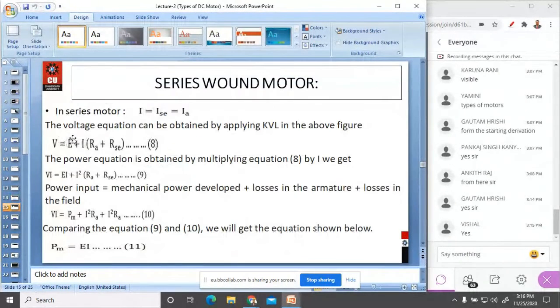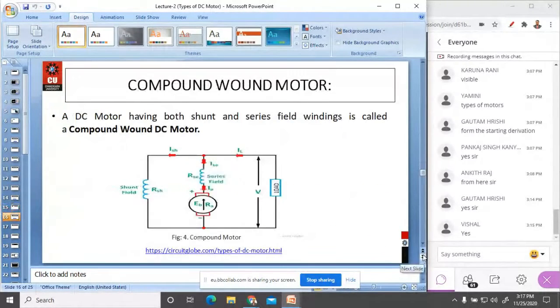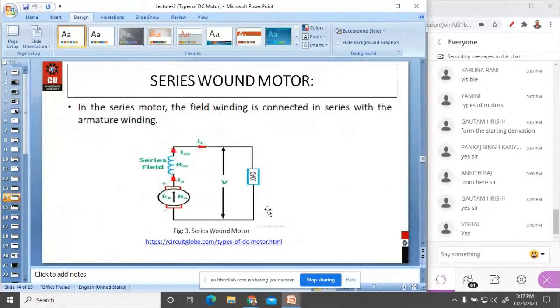Now the voltage equation can be obtained by using KVL. So what is the voltage equation? V is equal to E plus I into (RA plus RSC). How can you calculate this series voltage? From this equation you can find it using KVL. So what is the KVL here? Sum of all the EMFs.